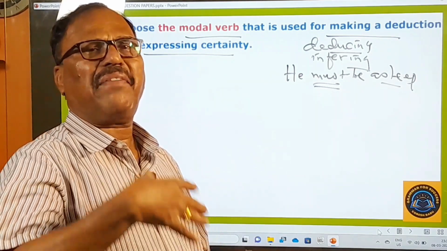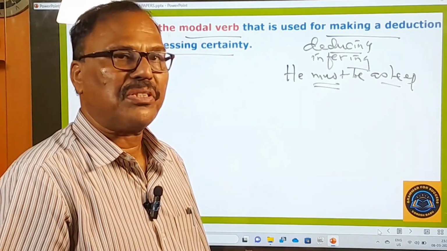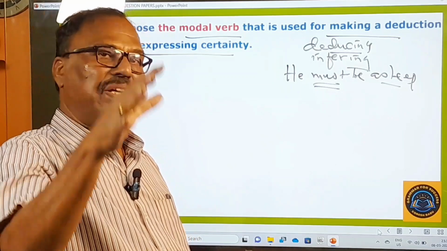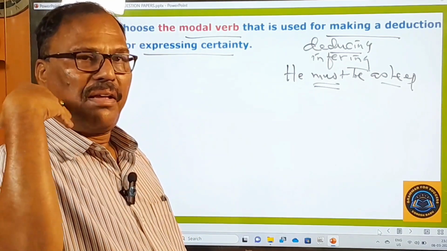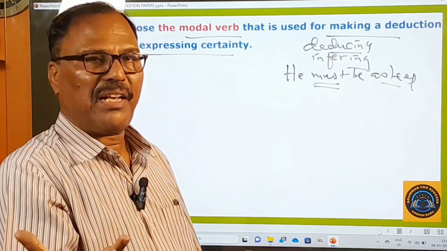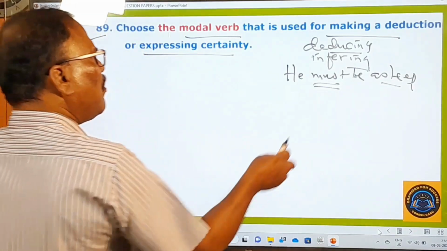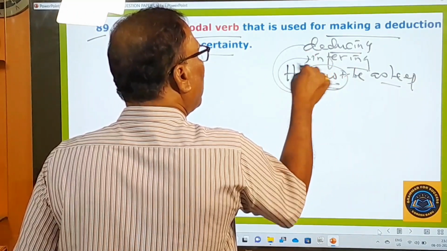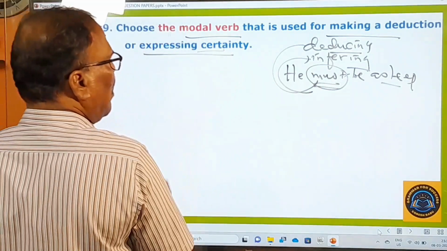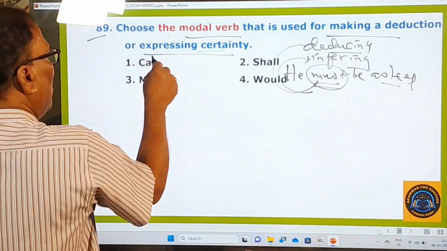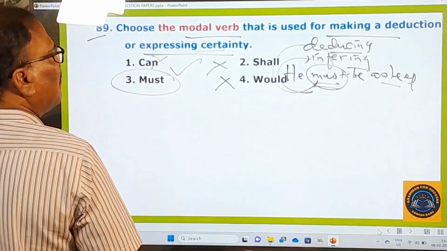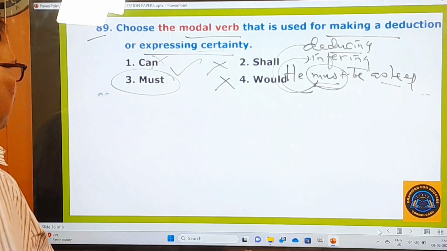Oh, there was a heavy rush. What do you infer? You infer that the movie was a super duper hit or something like that. So, you use must to indicate this deducing or inferring, right? Expressing certainty also. What are the options? Can, no, shall, no, would, no, only must, right? And you go to the last question.